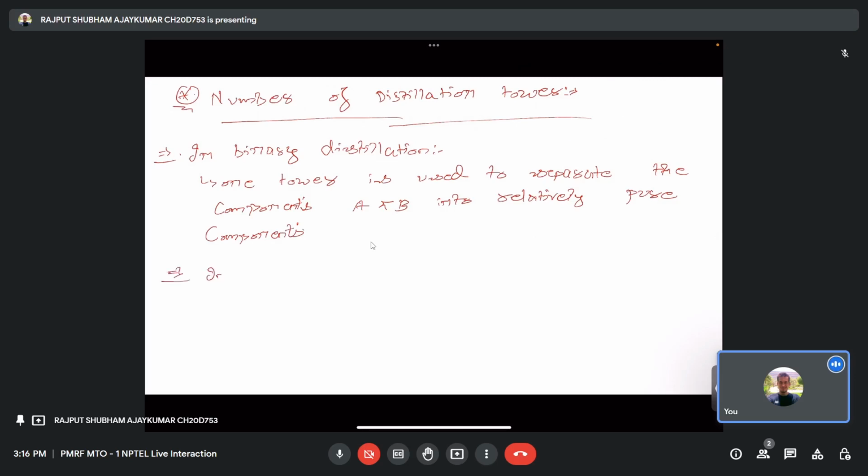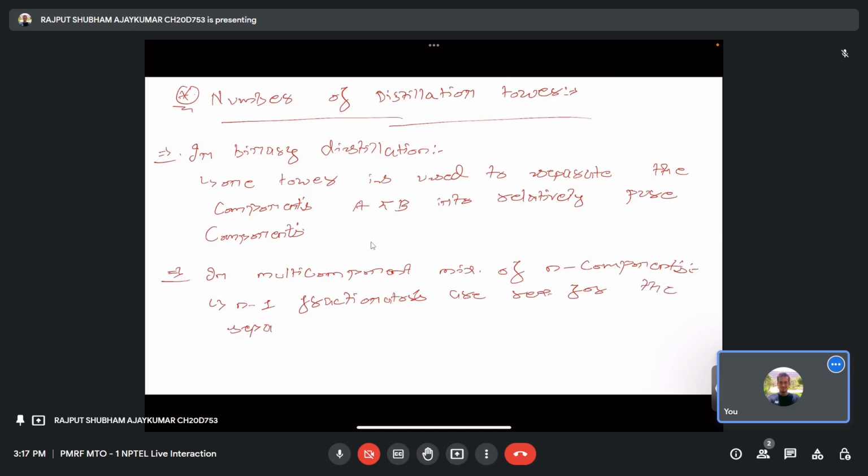In terms of a multi-component system with n number of components, the number of fractionators required for the separation will be n minus 1. For example, say a three component system is there.